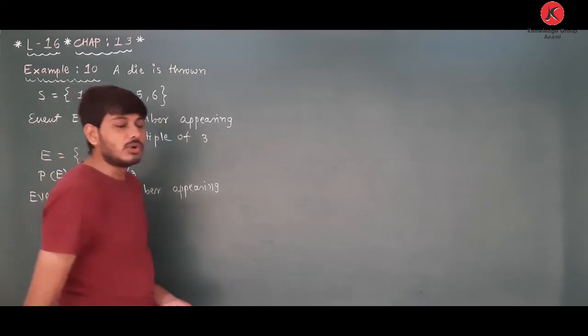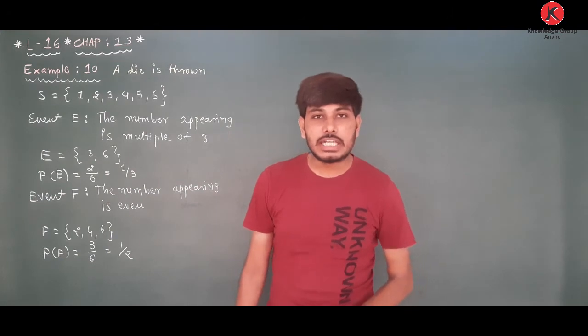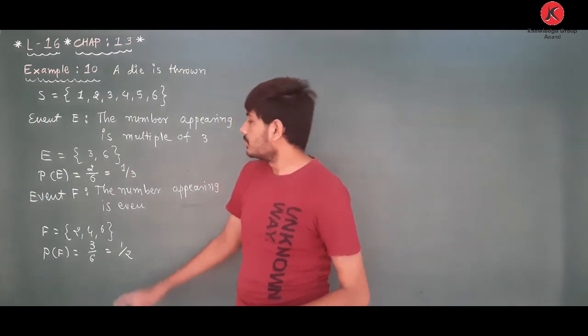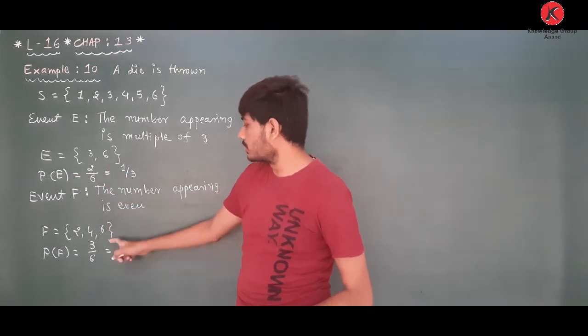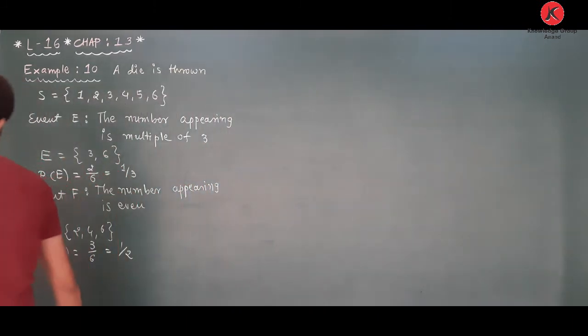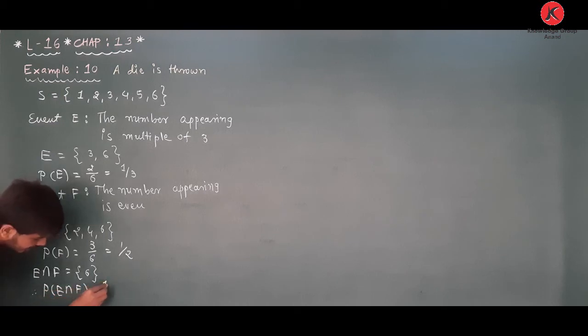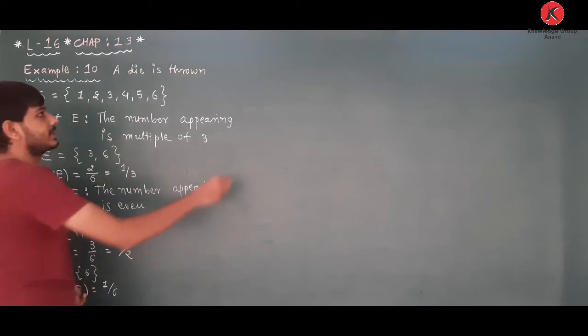Now we also have to find the probability of E intersection F. For that we want the intersection of both events. Only the outcome 6 is there in the intersection portion, therefore the probability of E intersection F is favorable outcomes divided by possible outcomes, 1 by 6.